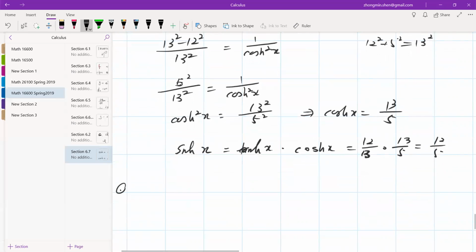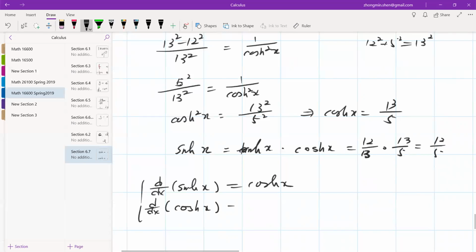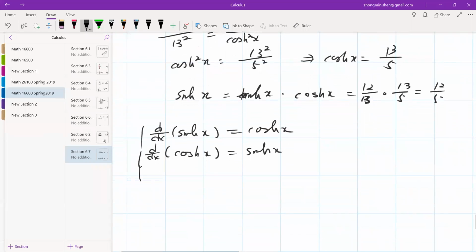Let me repeat the formula, I probably skipped that part. The derivative of hyperbolic cosine x is hyperbolic sine x. This part is different from a trigonometric function.